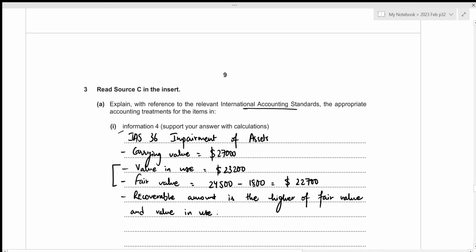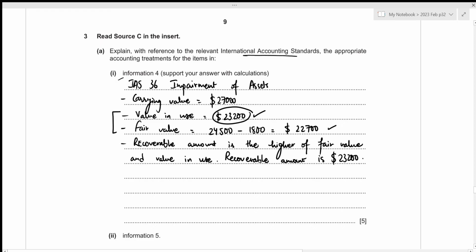And in this case, we have the value in use of 23,200, whereas the fair value is only 22,700, which means that our recoverable amount is going to be 23,200.